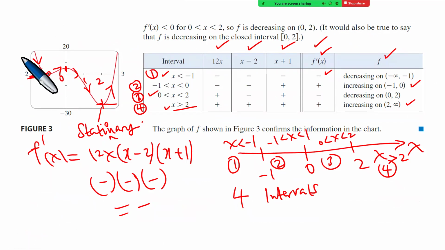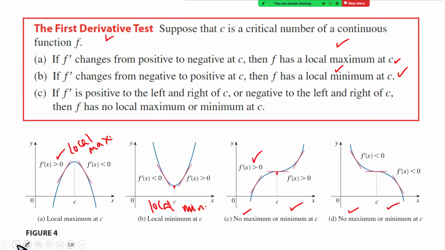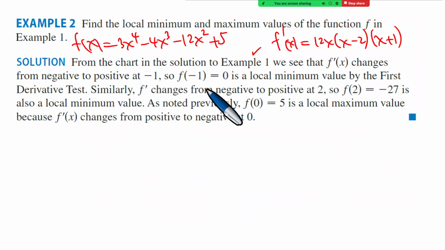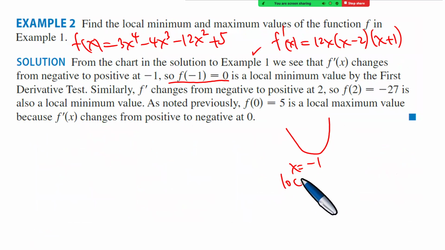Negative slope, positive slope, there's a change in the slope. Good. So f of minus 1 equals 0 is a local minimum. The graph is doing this, and therefore at x equal to minus 1 we have a local minimum.